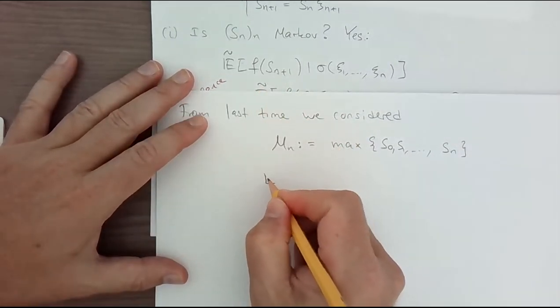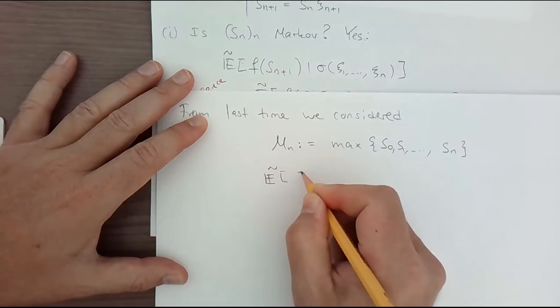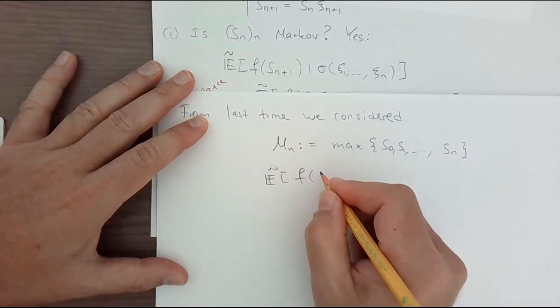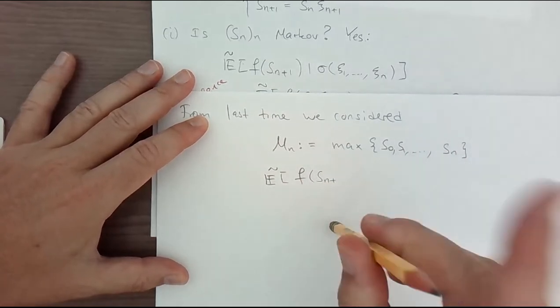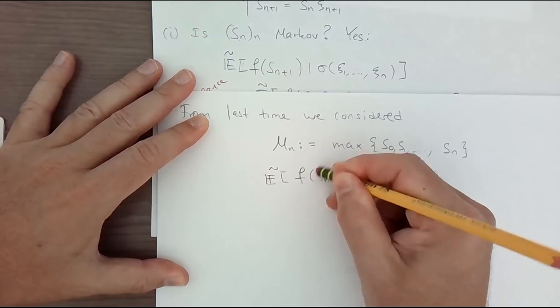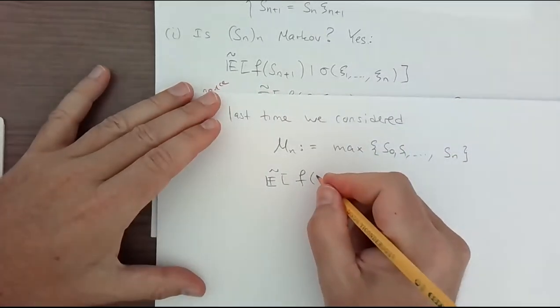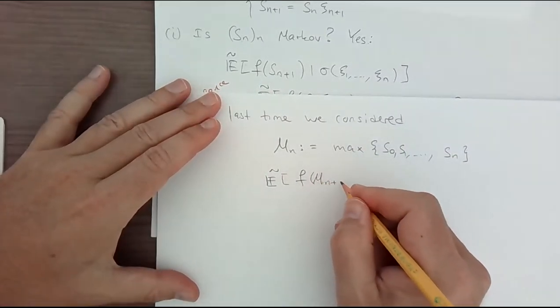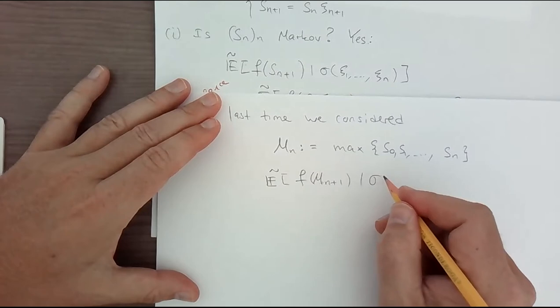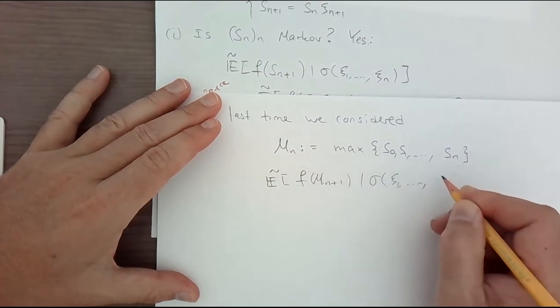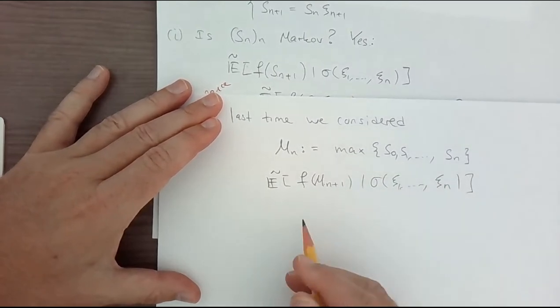You could try to say, well, let me take a function f that is arbitrary, and instead of S, I'll calculate M here. That's the only thing that changes, right?